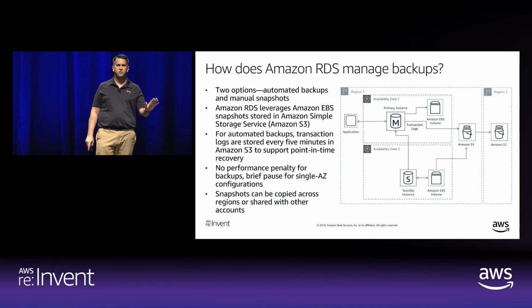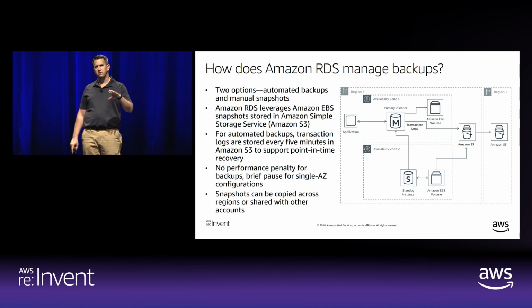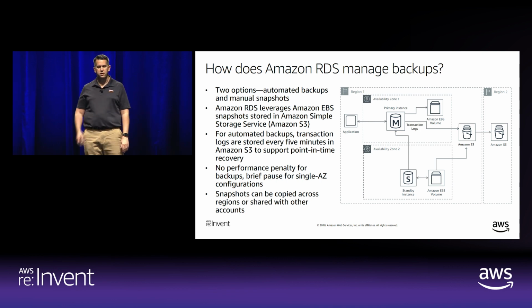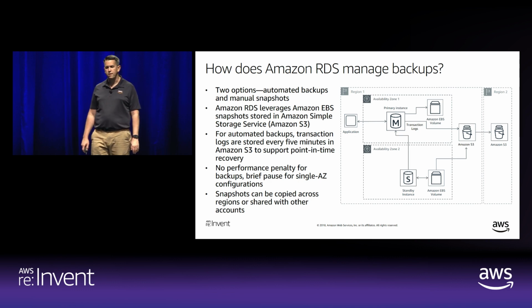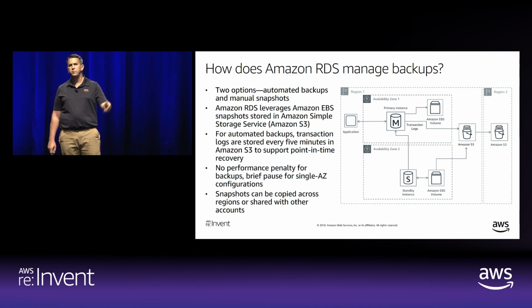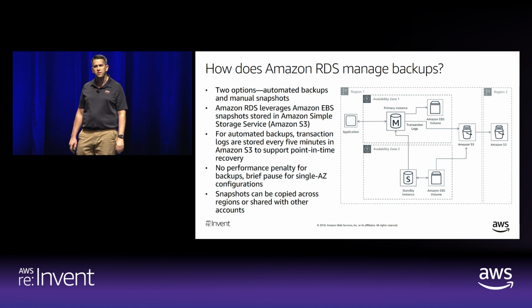If you're just using a single availability zone, we do have to pause for just a few seconds so we get a consistent snapshot between all of the volumes. So you'll see a little latency when we take the backup, always in your backup window with a single AZ. And then I mentioned that you can copy snapshots across region. You can copy them to another account if you want to for safekeeping.